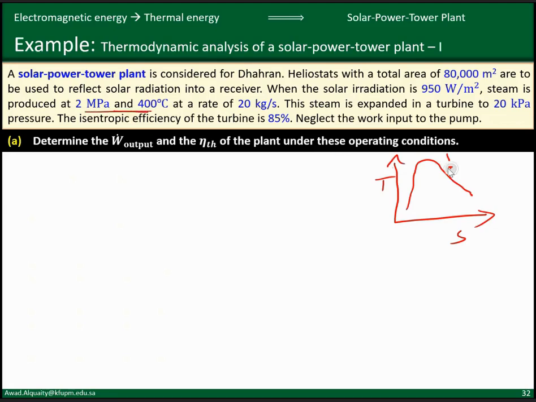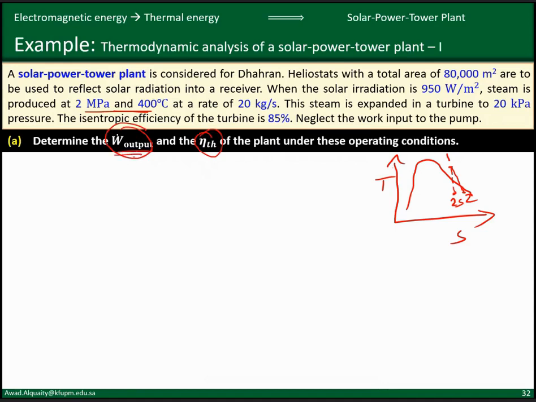We know that if it was an isentropic process, which it is not, the process at the end of the expansion, the steam or the saturated mixture of liquid water and vapor would be ending up at state 2s, but it's not isentropic. So in reality, there's going to be some increase in entropy, and it shows up at state 2, right?